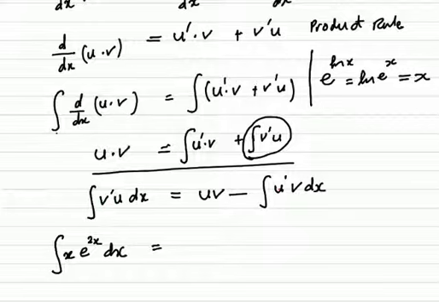And then here I need u prime, but u prime can only come from u by the process of differentiation. So now I've got to choose these functions in a careful way.